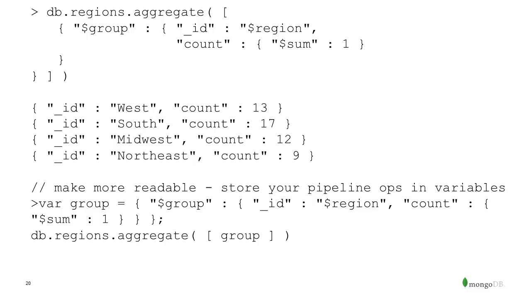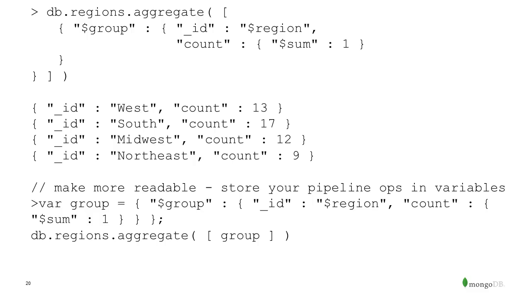And the second part of the syntax with $group, and in fact all operators in the aggregation pipeline, is that you use a $ sign to refer to keys in the incoming set of documents. So what this says is, in the regions collection, for each document coming into this stage, I want to take the value of the region key and group on that.